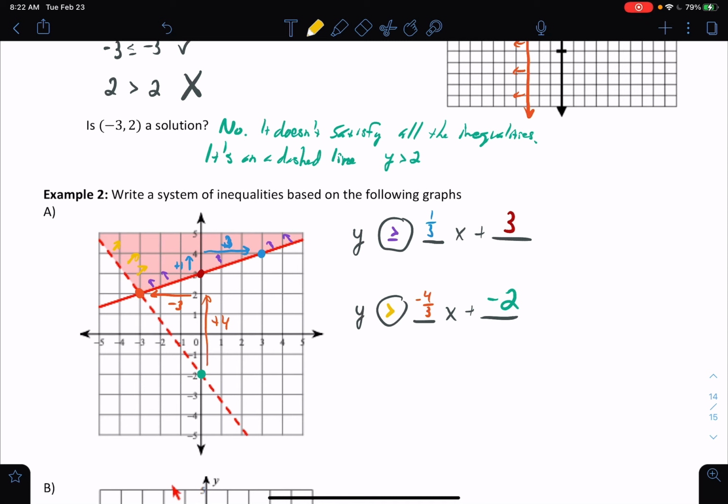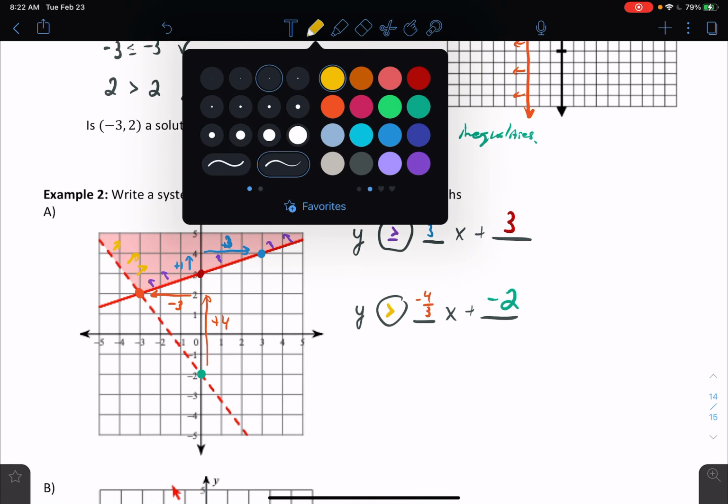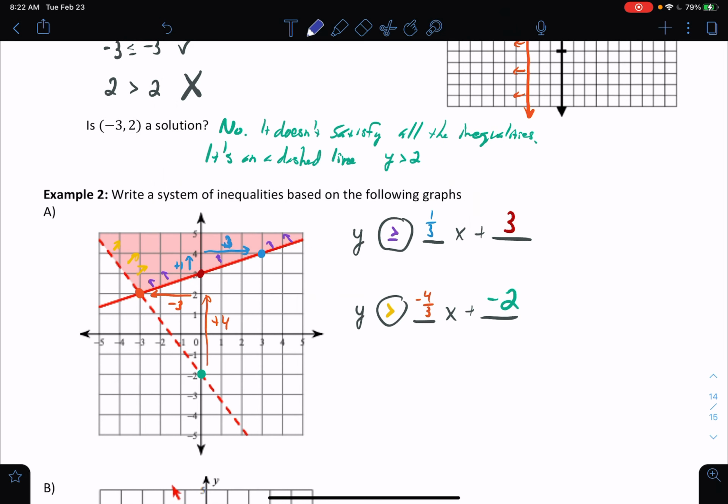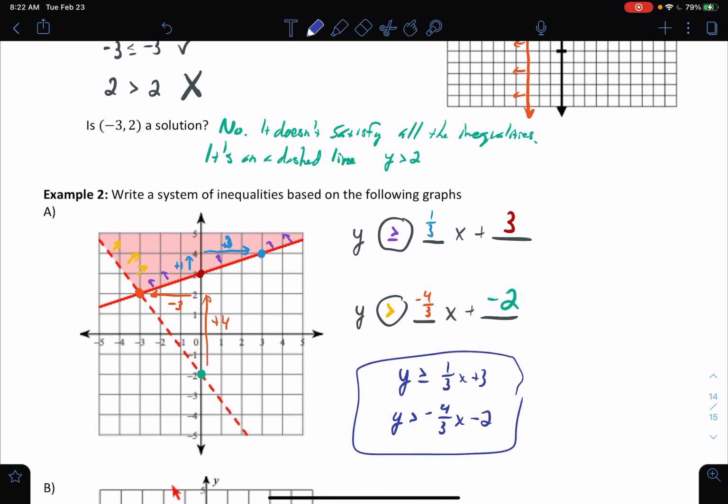It's a dashed line, so I don't have equality. To simplify, my system is y is greater than or equal to 1/3 x plus 3, and y is greater than -4/3 x minus 2. And there is my system based off of this graph.